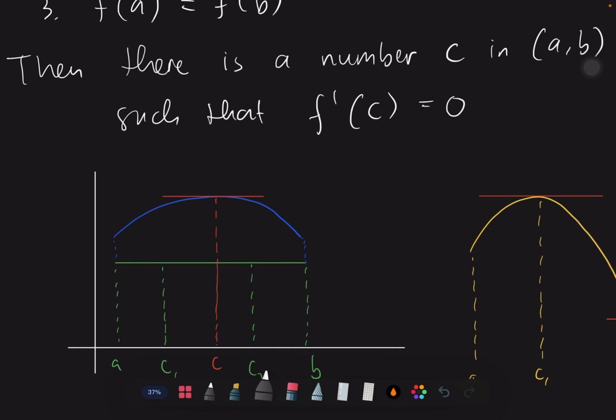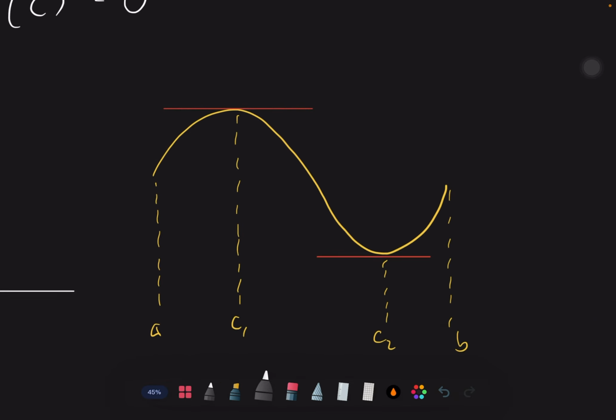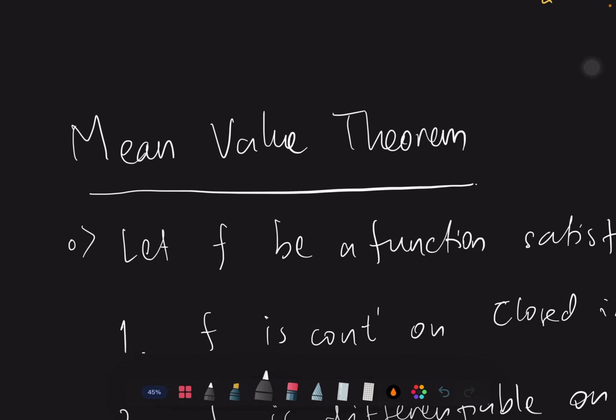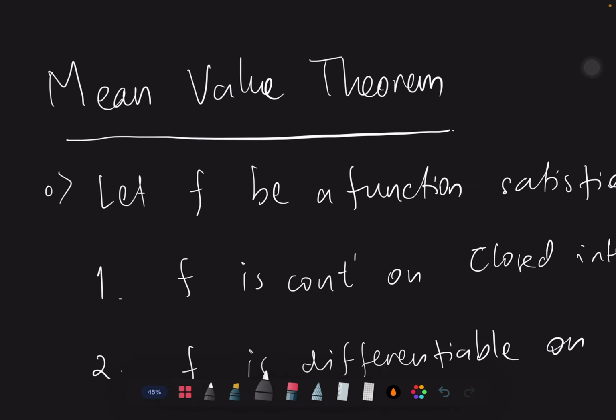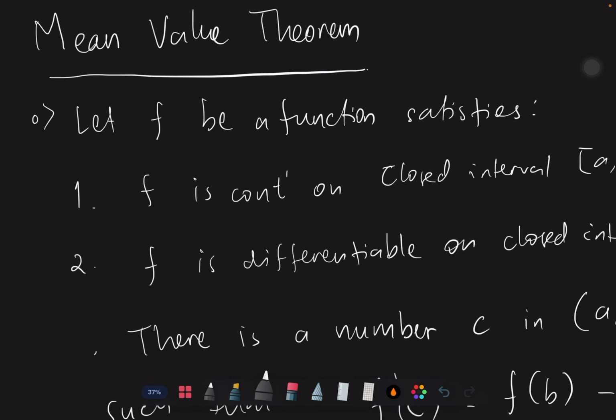The number c can be more than one. If you look closely at this yellow curve, we have two, c1 and c2, which have slope equal to 0. And from Rolle's theorem, we can elaborate into the more precise mean value theorem.